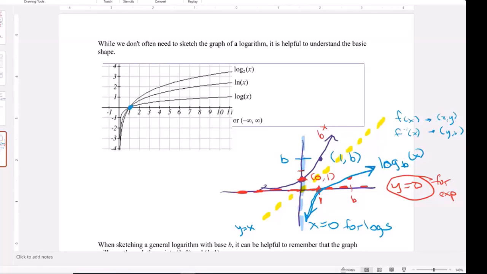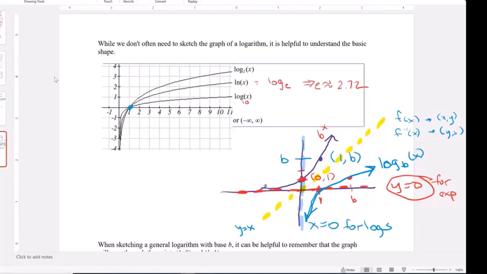But it's reverse of the exponential. Log base 2 has the biggest slope. Log base e, remember e is approximately 2.72. And the last one, b is 10. So we can tell how the shape is changing, and it depends on the base.